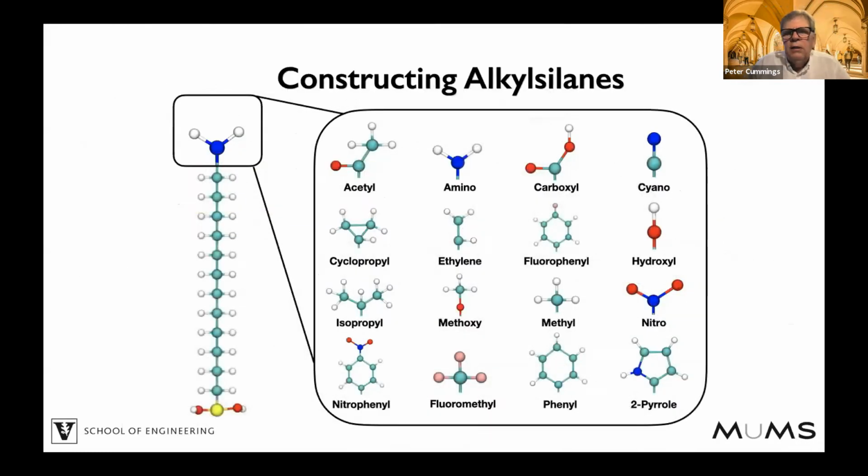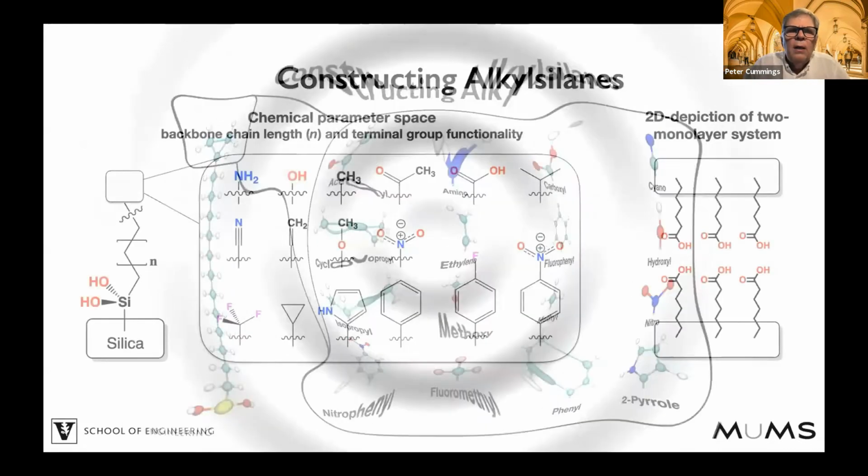So what we did is we looked at alkylsilane tethers, and we looked at these different functional groups as the terminal group. There are 16 different groups here. We also looked at varying the length of the tether, varying the length of these alkylsilanes, and looked at the tribological properties.